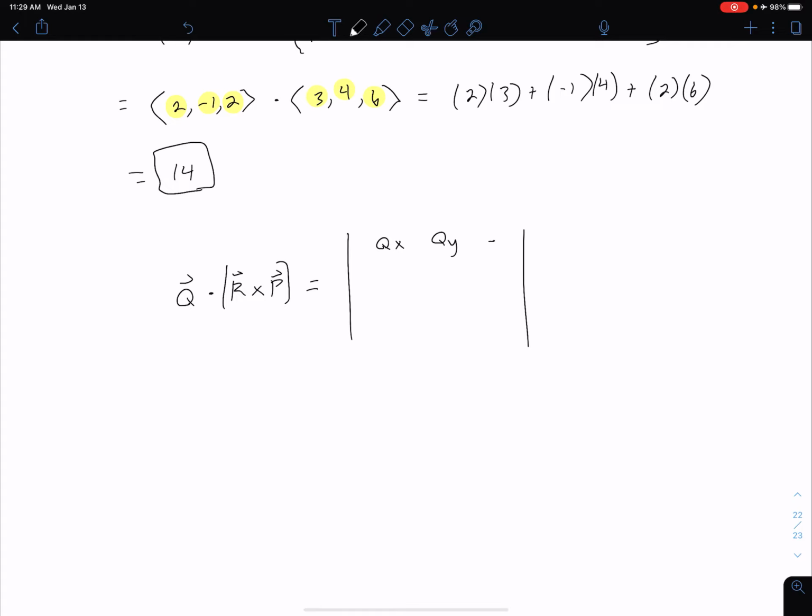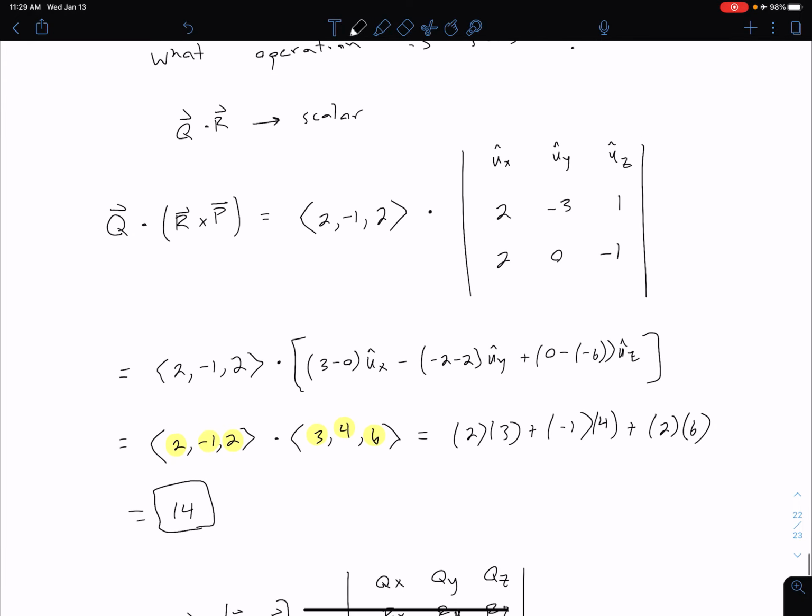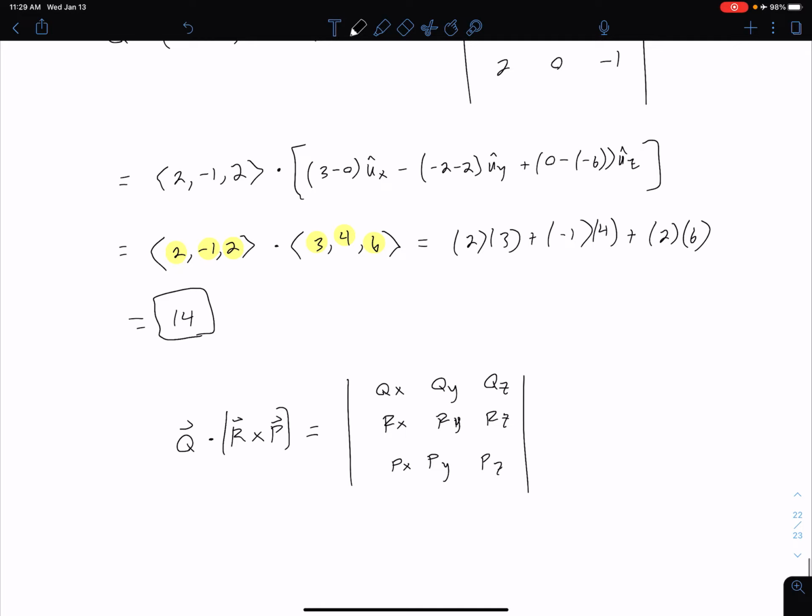So we have QX, QY, QZ, and then the second and third rows would be the same as we had above. So RX, RY, RZ, and PX, PY, and PZ. So that would be an alternative way that we could have solved this problem. Maybe a good thing to practice just to see if you're able to do that.